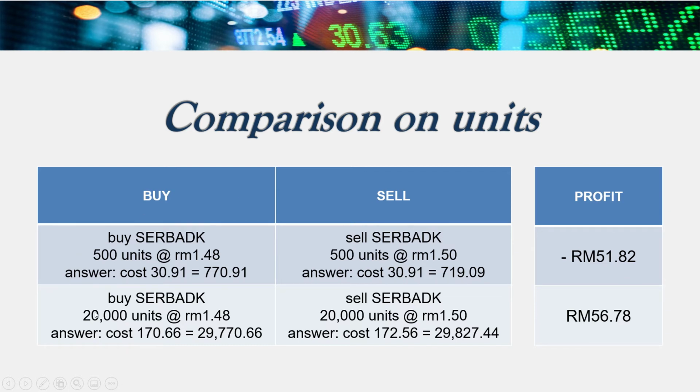And with 20,000, yes, we make a profit of 56 ringgit 72 cent. So the more units you buy, the bigger your margin and the lower the cost per unit. That's why you're able to get profit on the purchase of 20,000 units.